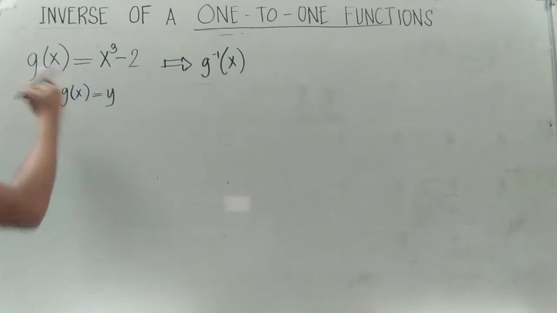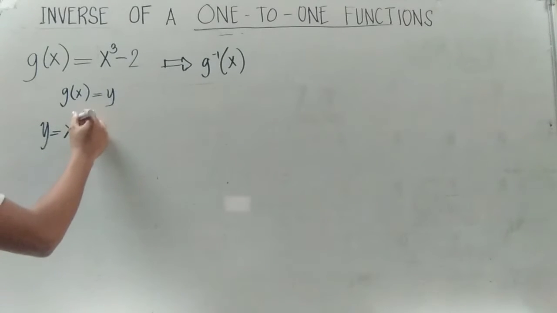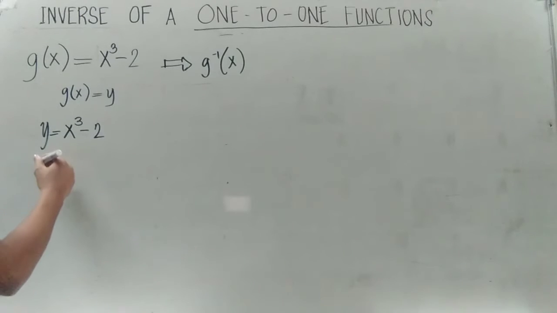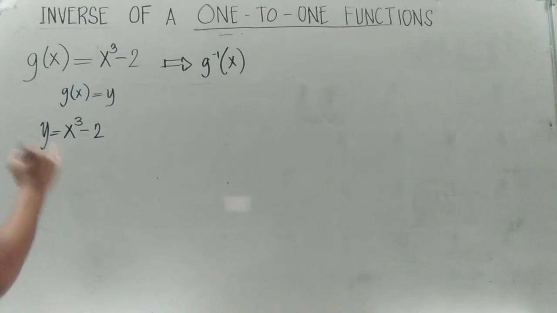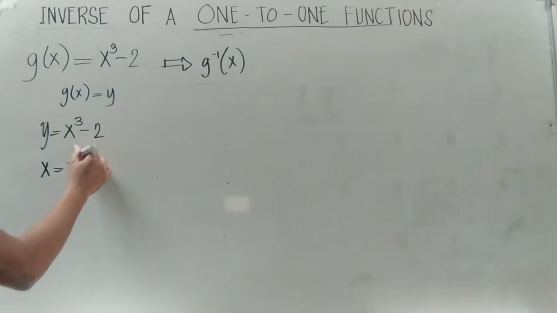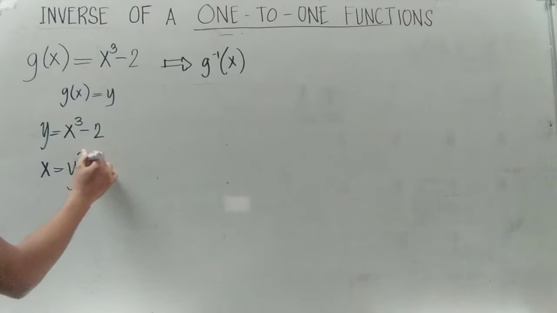Then, instead of g of x, we will write y equals x cubed minus 2. Okay? Just to copy. Then our next step is to interchange the value, or the domain and range. So y will become x and x will become y. So very easy. So we have y cubed.